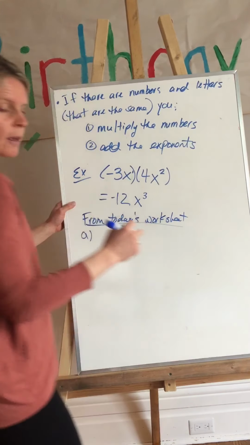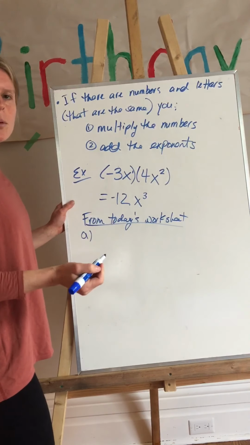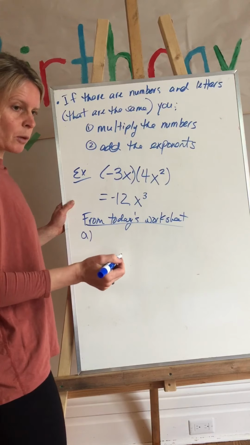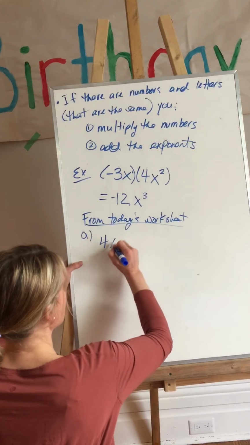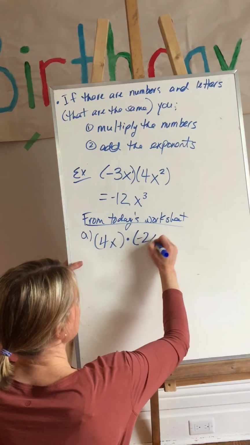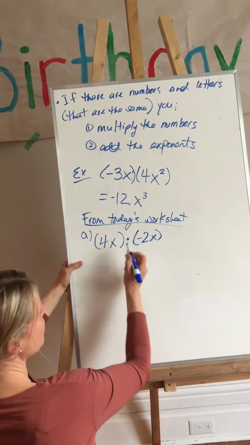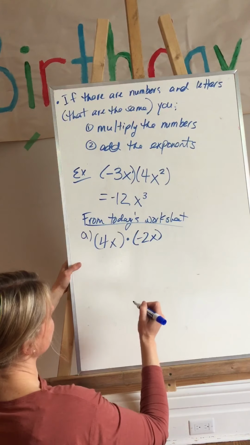Then you can try them, check your answer, make sure you're on the right track, and hopefully it'll help you get started with today's worksheet. So first one, A, is 4x times negative 2x. And there's that dot. This is exactly how it's written on your sheet.